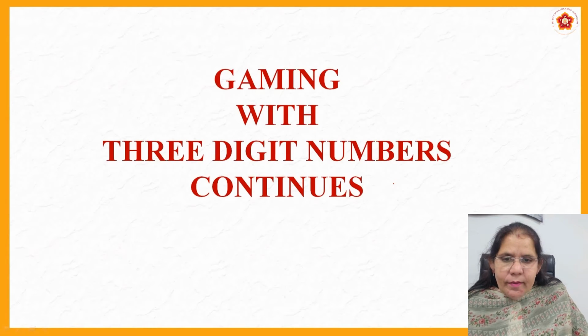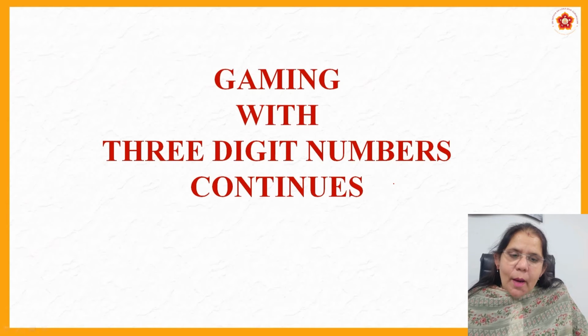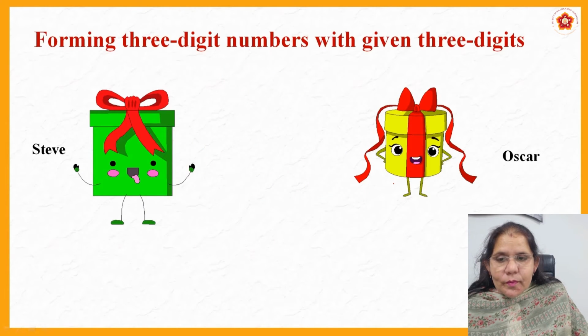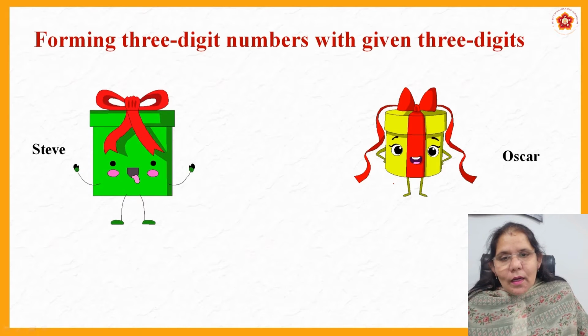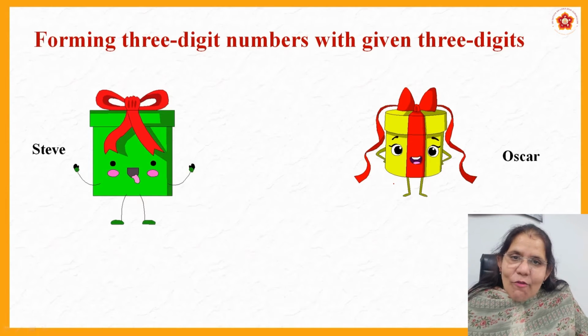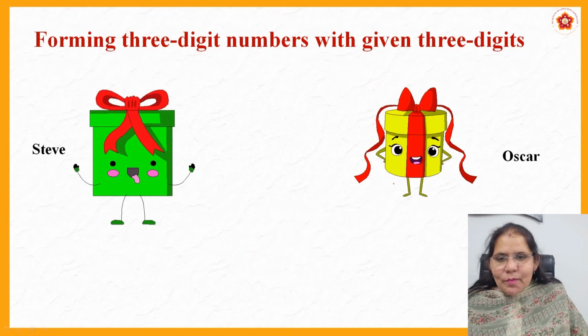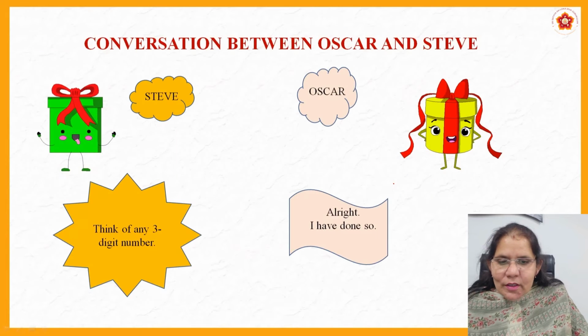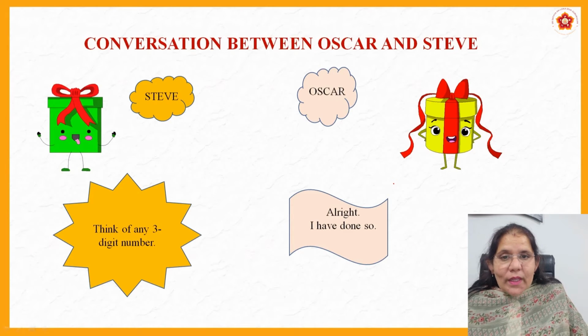Let's move ahead. Gaming with 3-digit numbers continues. Again the same friends, Steve and Oscar. Steve asked Oscar to think of a 3-digit number and not to share the number with him.